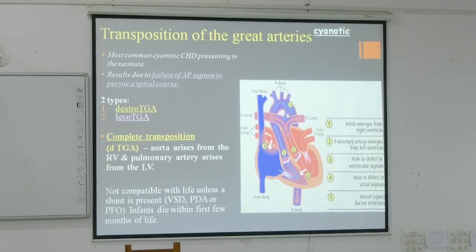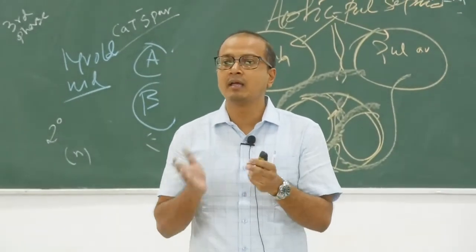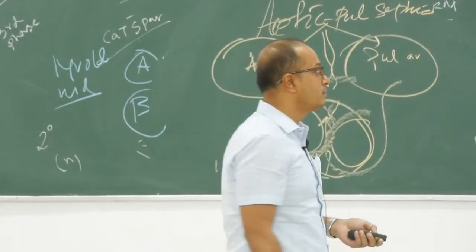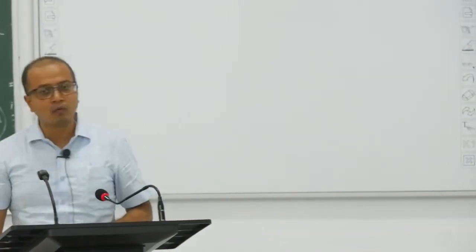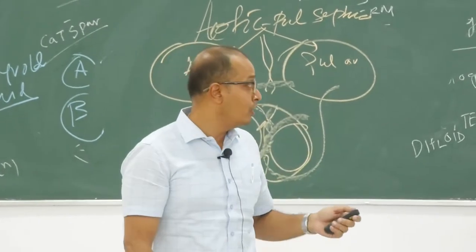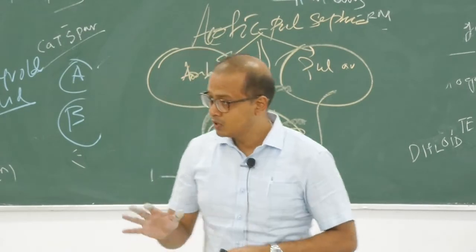That means the aorta is coming from the right ventricle and the pulmonary artery is coming from the left. There is a switch over between the pulmonary artery and the aorta if you have a spiraling error.